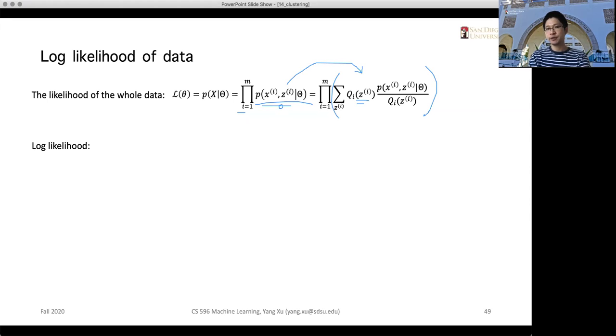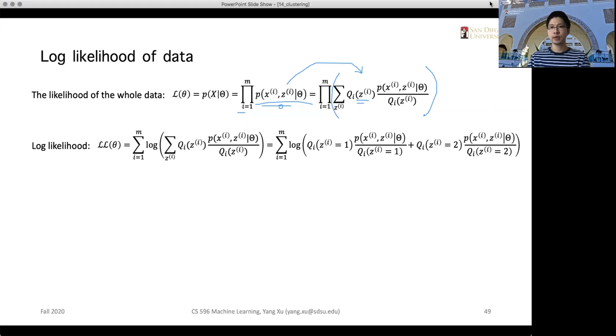As we did before, if we take the logarithm of this product, it becomes a more complicated term. But don't worry, if we follow the principles of taking the logarithm, the product becomes a summation term because we take the logarithm of it. And we also put the logarithm inside each term of the summation.